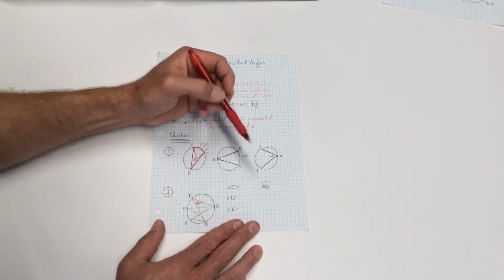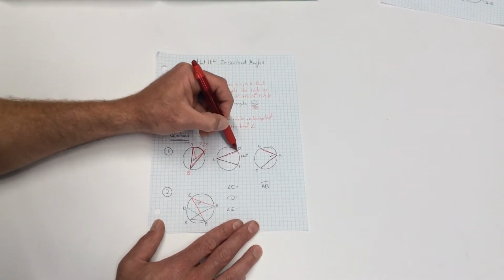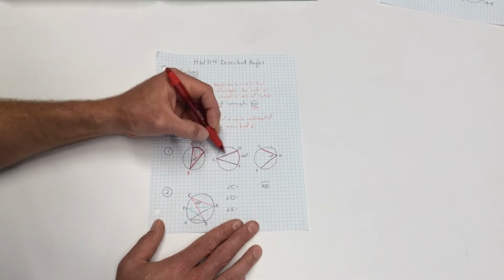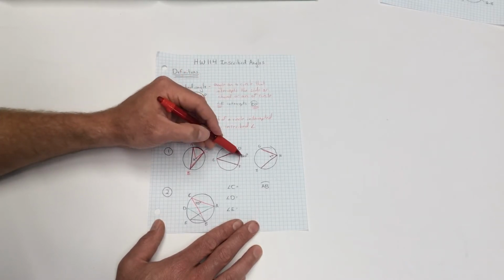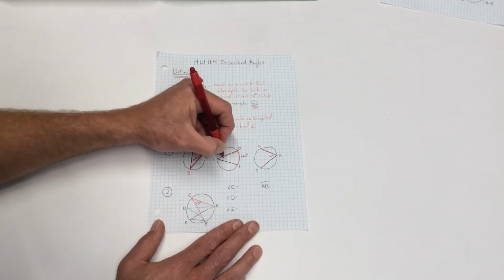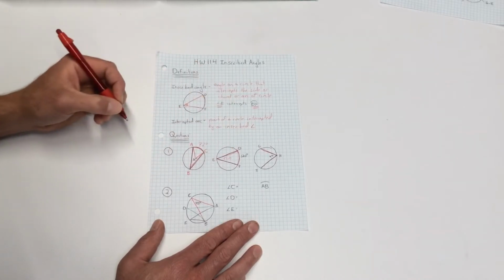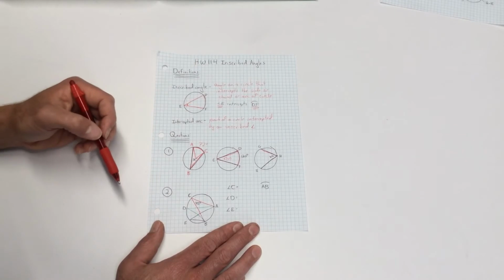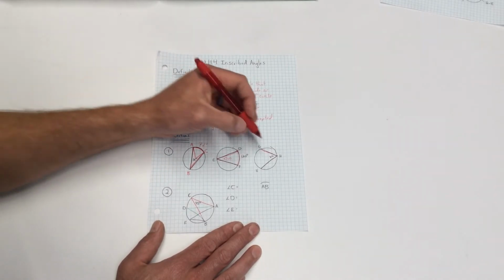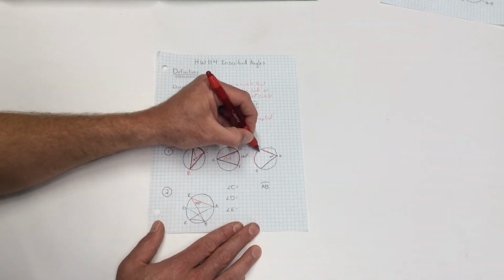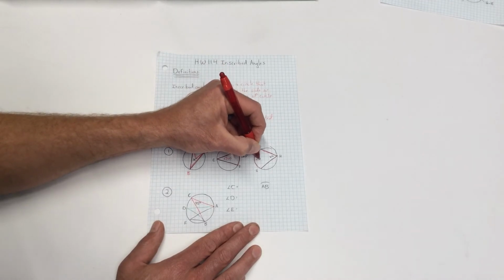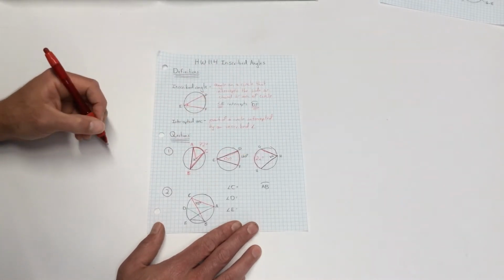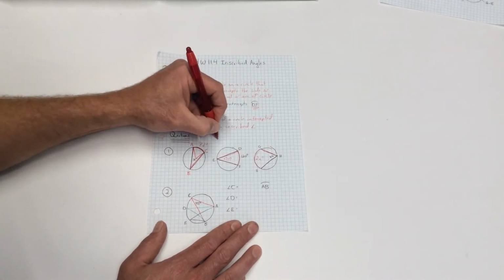Looking at the intercepted arc here, if this is 120 degrees, then angle E would be half of that, so E must be 60 degrees. Or in terms of X, if the inscribed angle H is X degrees, then this intercepted arc must be 2X degrees.